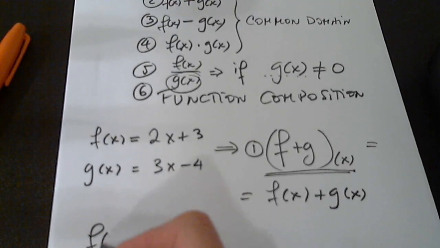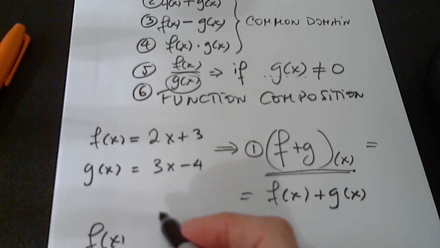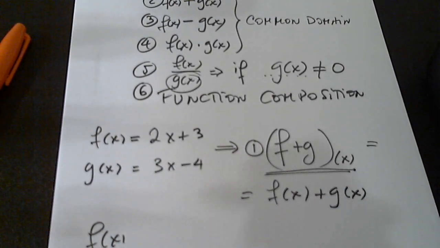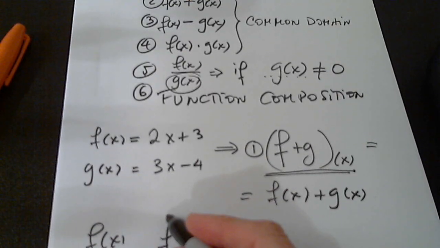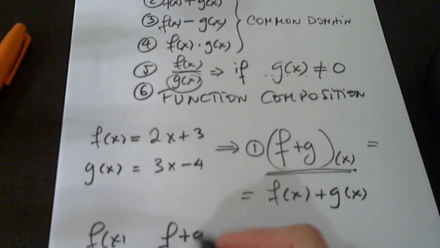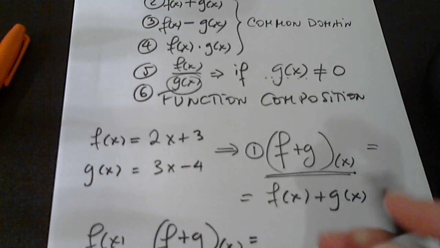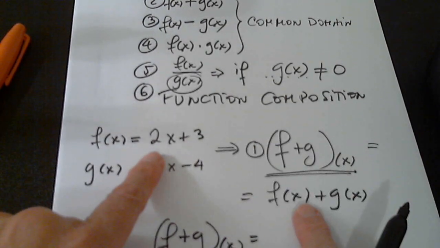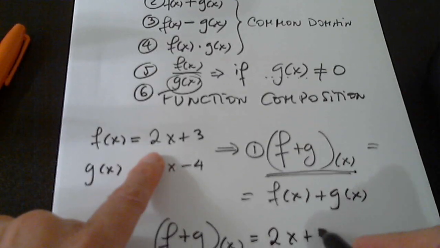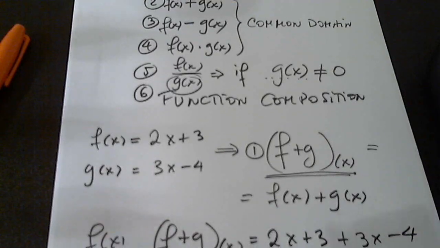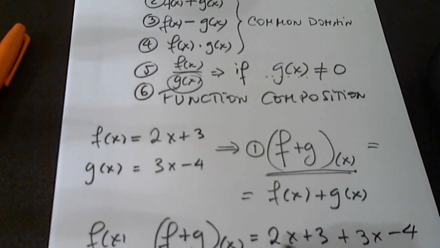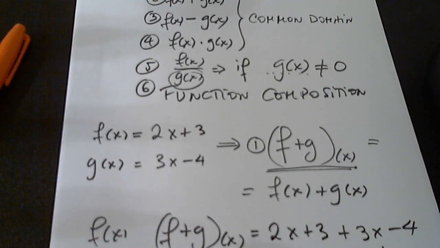Fine. So I write f. I didn't mean to write that. I'm going to erase it. I meant to write this. f plus g of x equals. I copy f of x, and I copy g of x. I combine like terms.